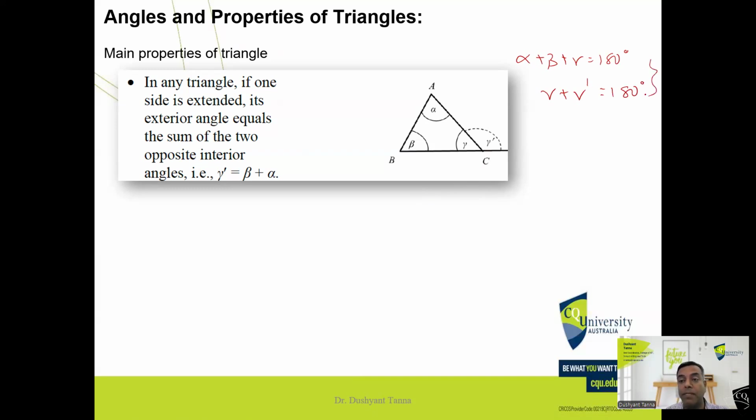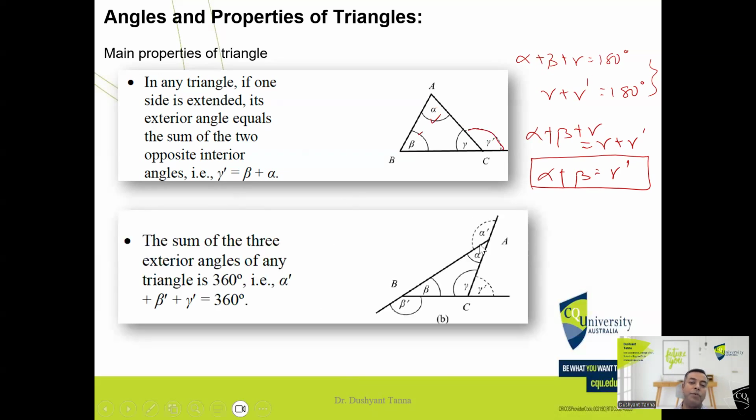When you compare these two, you get alpha plus beta plus gamma is gamma plus gamma dash, leaving you alpha plus beta is gamma dash, right? So the exterior angle is the sum of the two other angles. Yeah, this is called the exterior angle. Gamma dash is the addition of alpha and beta.